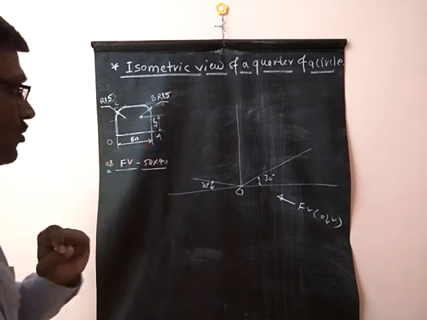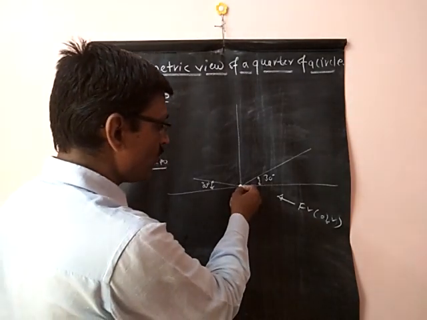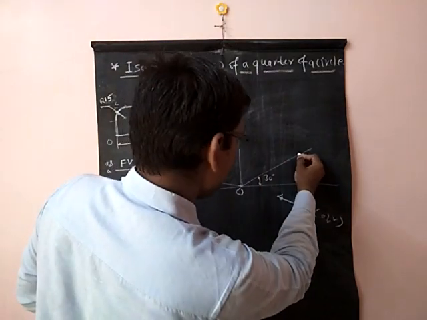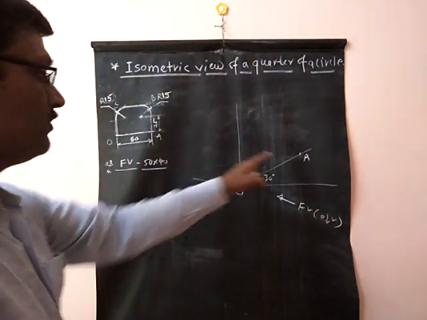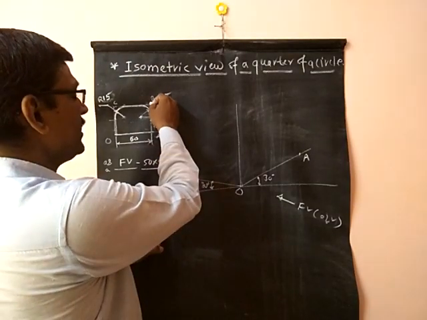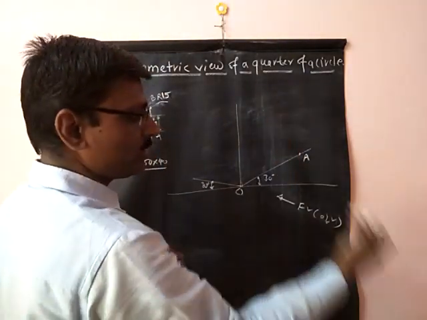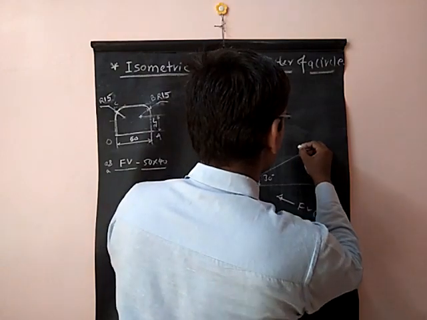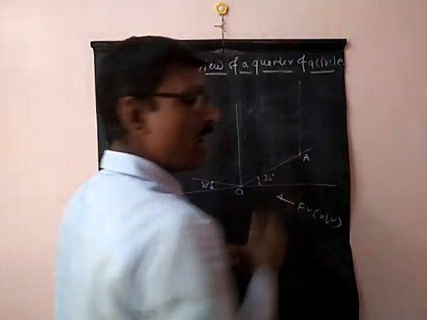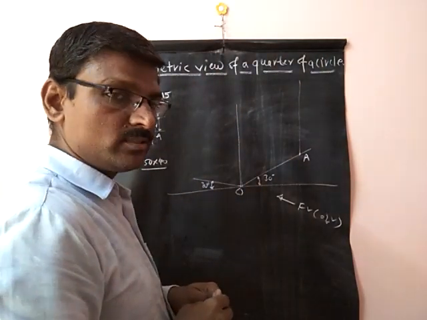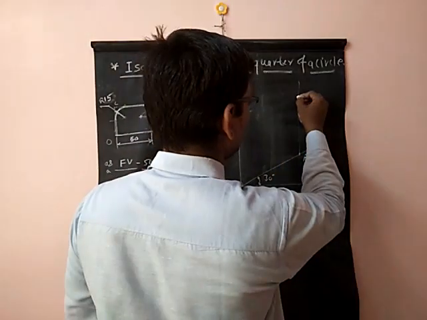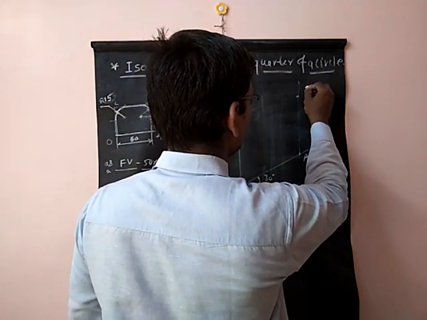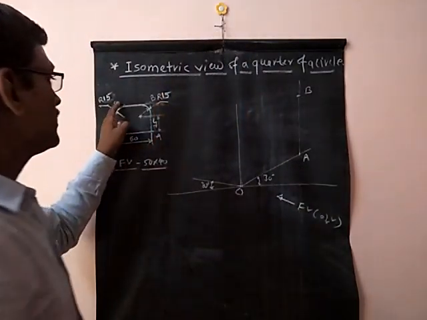Now OA is equal to 50, so I will mark point A here at a distance of 50 millimeter. From this A, I have to draw the height, because we are getting length and height in this front view. This vertical line will be drawn parallel to the vertical axis, and 25 plus 15, that is 40, will be marked here, which gives me the point B. Then C will be there.